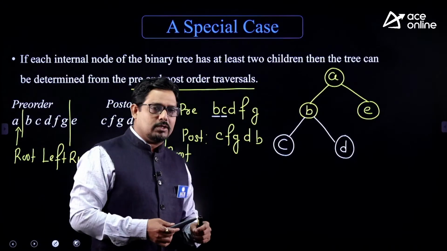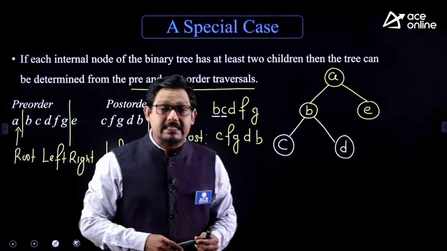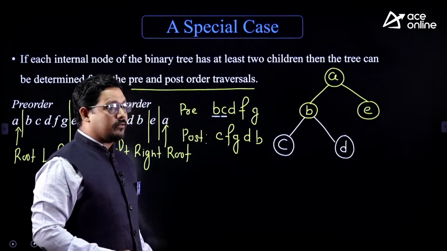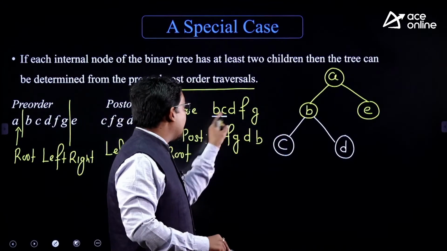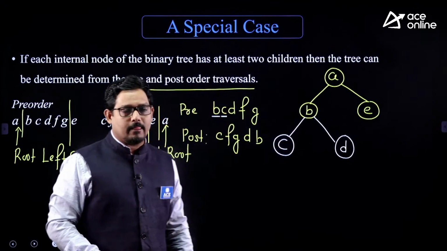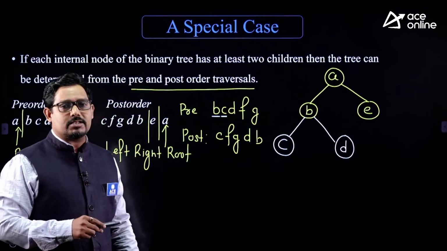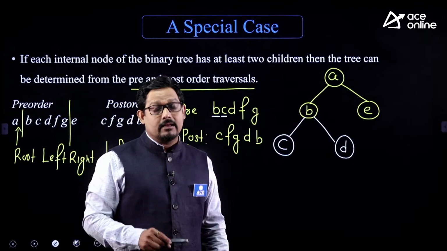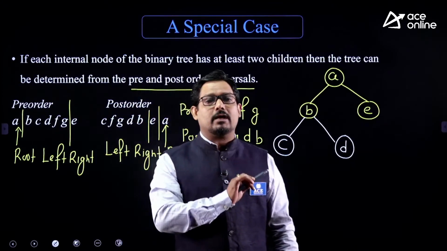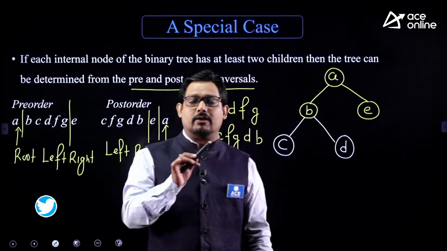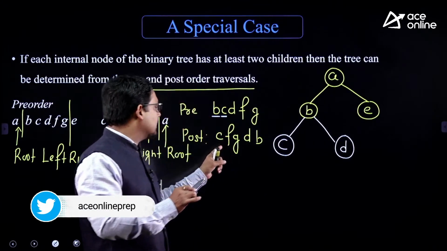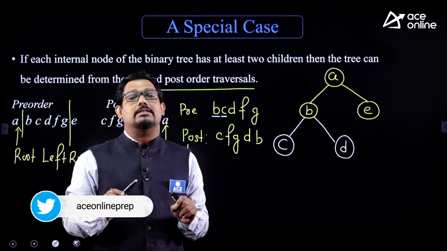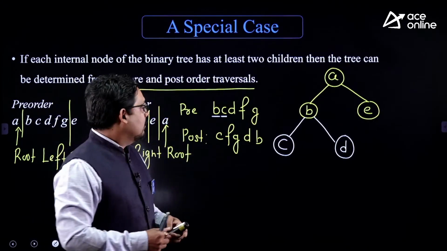If C is the root, the next you should visit is the children of C. But in pre-order traversal, after B you come to C, then directly you visit D. The simple conclusion is that C does not have any children. C is the leaf node.